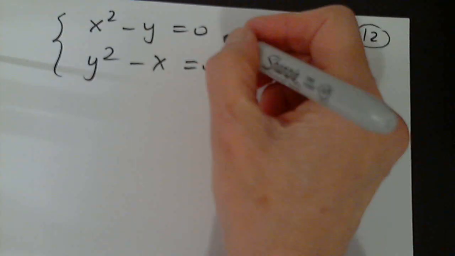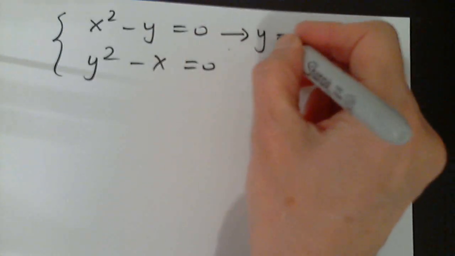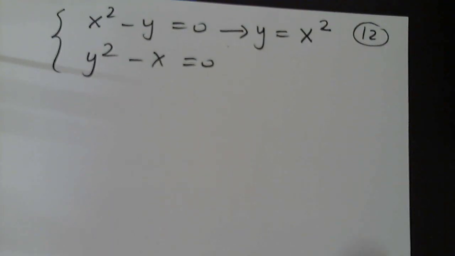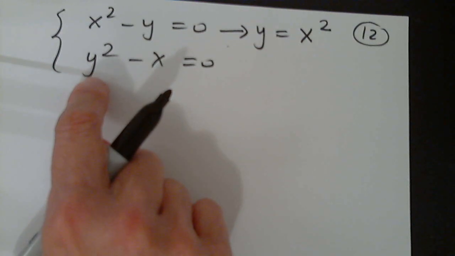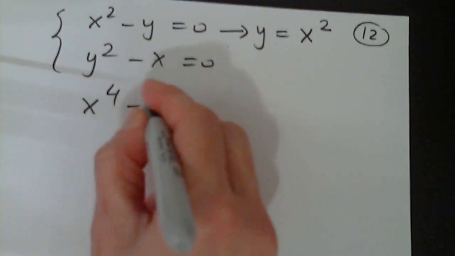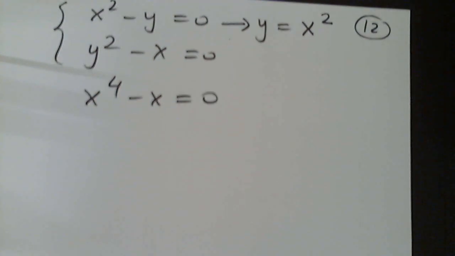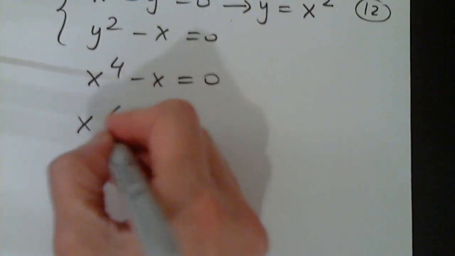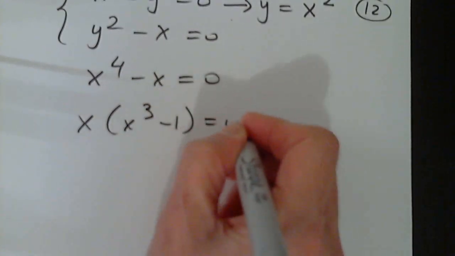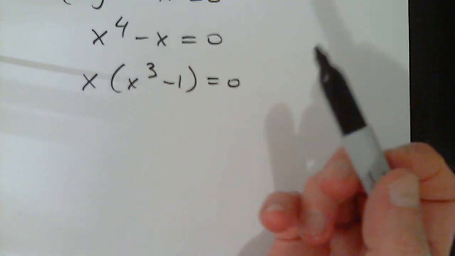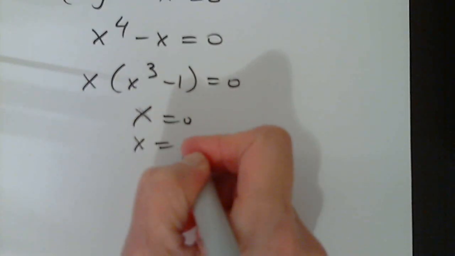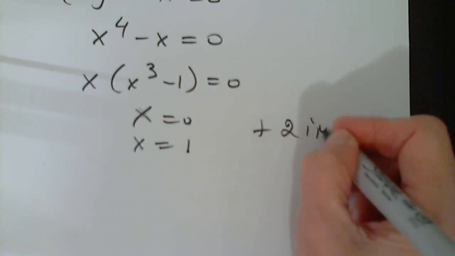I have to use substitution. So I'm going to solve this equation for y and plug it in here. x to the fourth minus x equals 0. I would factor out x, and I get x cubed minus 1. And this equation has 4 solutions, but 2 are imaginary. One solution is 0, and the other solution is 1 plus 2 imaginary solutions.